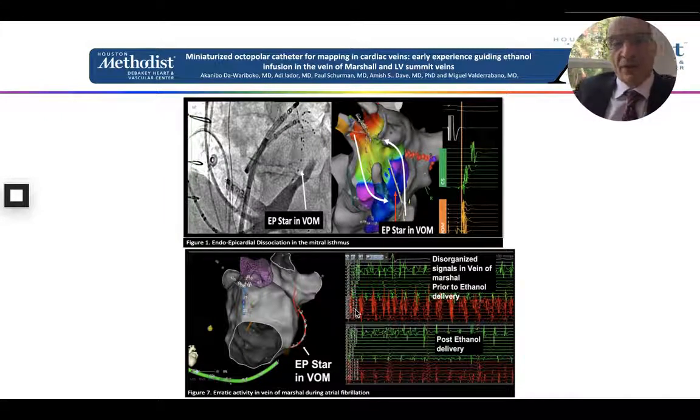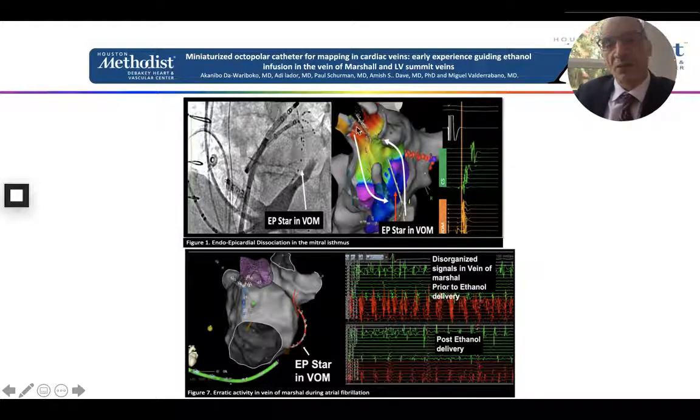We've done more studies now with the EP-STAR from Baylis. It's another miniaturized microelectrode catheter that can be inserted in the vein of Marshall, and it can prove interesting situations in certain cases, like this patient who had undergone previous mitral isthmus ablation and came in with perimitral flutter.